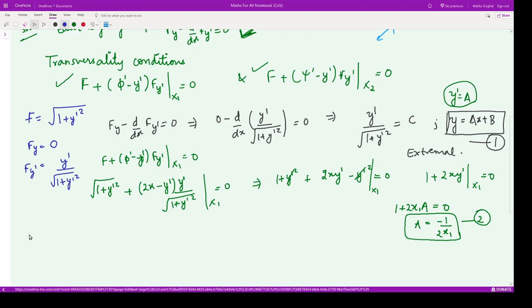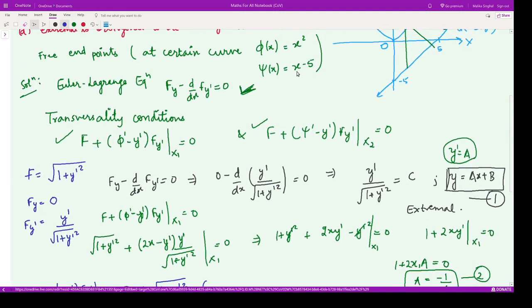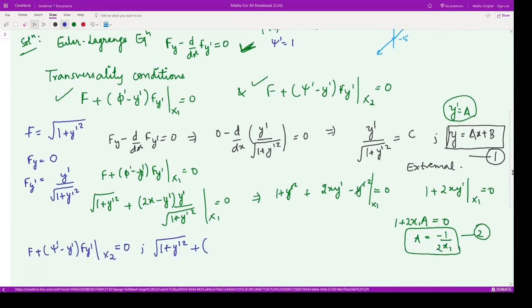Now let us solve the second transversality condition. What is that? It is f plus psi dash minus y dash multiplied by fy dash at the point x2 equals 0. So what is f? F is square root of 1 plus y dash square plus psi dash. What was our psi? Psi was x minus 5, so psi dash, the derivative with respect to x, would be 1.